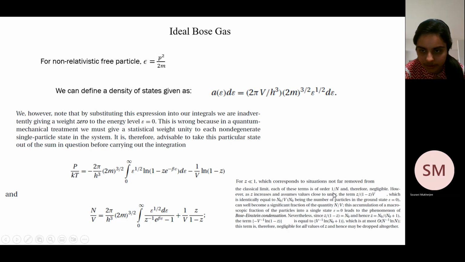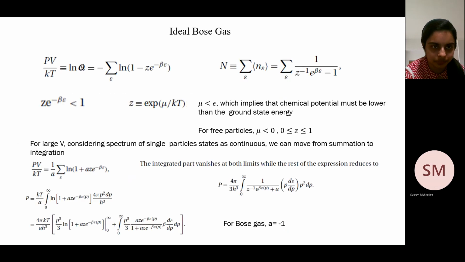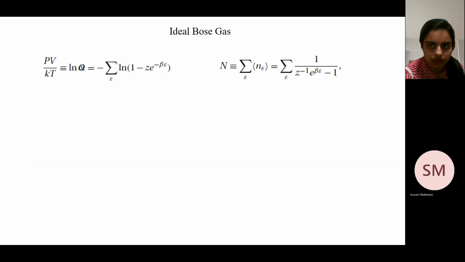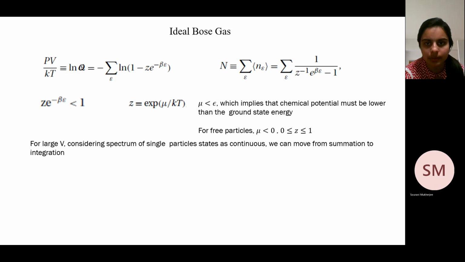One thing you have to note is that Z by (1 minus Z) is replaced by n naught. Why is it so? If you go back and look at the expression for the mean occupation number, don't consider the summation now.